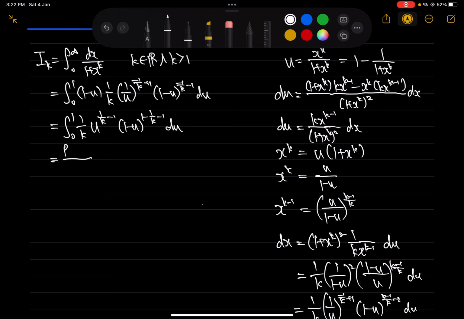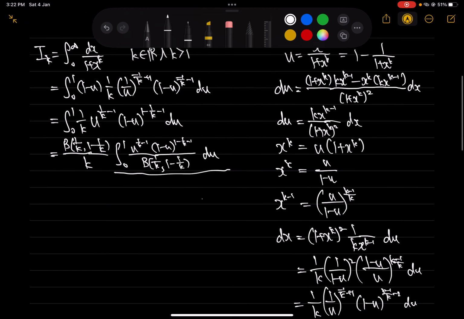So let's go ahead and do that for k, and then from 0 to 1, u^(1/k - 1) (1 minus u)^((1 - 1/k) - 1), and then we have the beta thing, du.